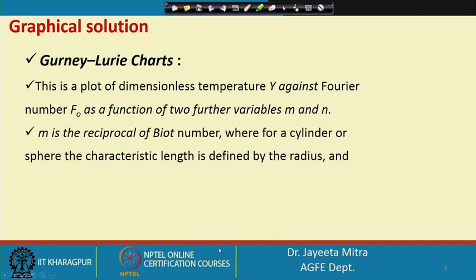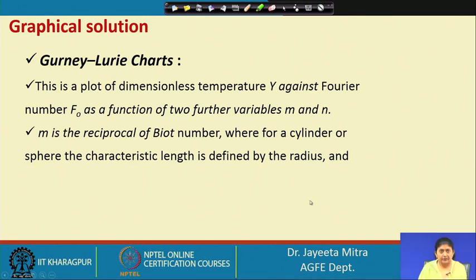So, what is m and n? M is the reciprocal of the Biot number. Biot number, that is h into characteristic dimension Lc by k. So, 1 by Biot number is represented as m.